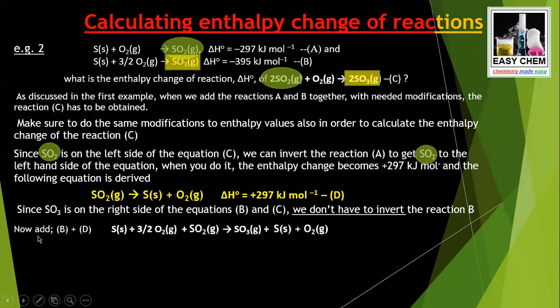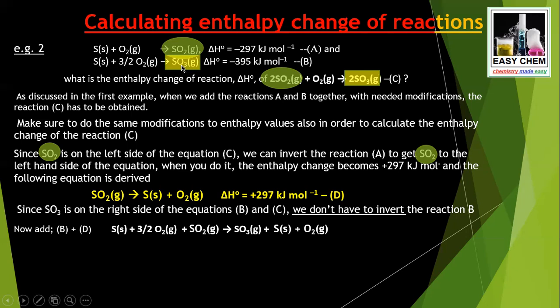So simply we add B and D. B is this one, D is this one. We have from reaction B, sulfur and 3/2 oxygen, and to that we add the reactants of equation D, sulfur dioxide gas. Arrow.